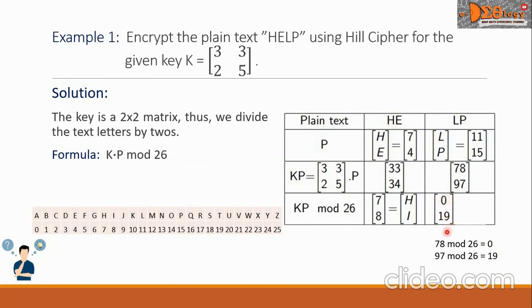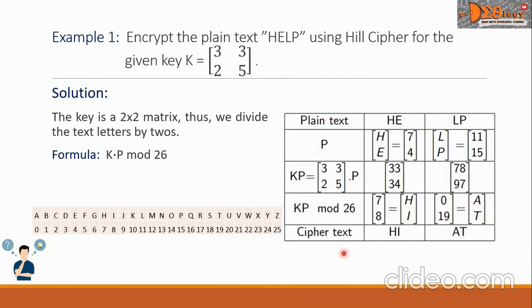We return back the alphabet value for these numbers. 0 is for the A and 19 is for T. So the ciphertext will be HI for HE, then AT for LP. We'll just put them together and the final answer is this, HIAT.